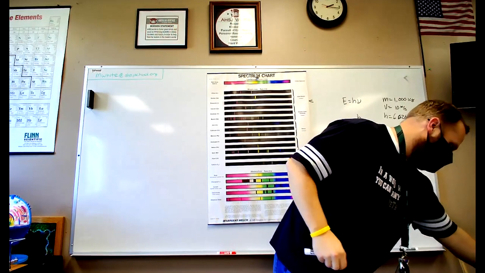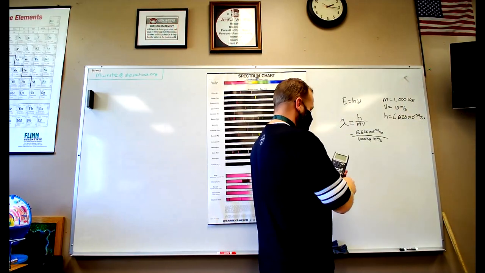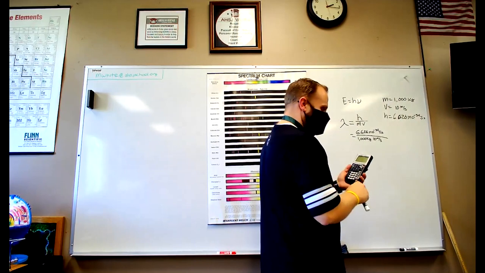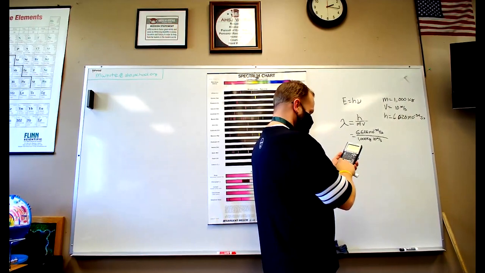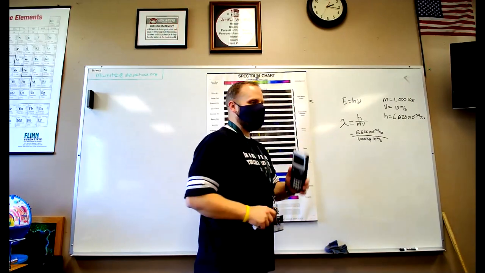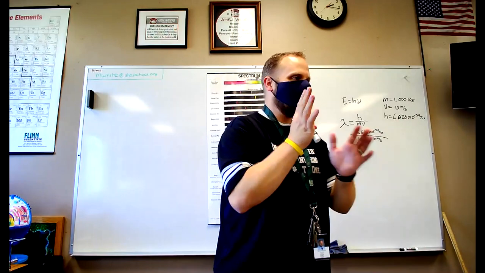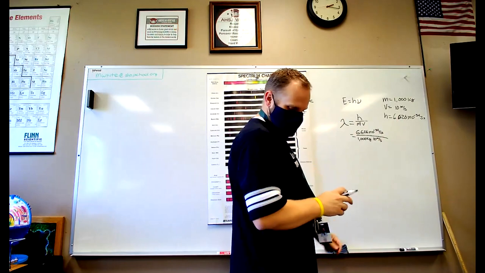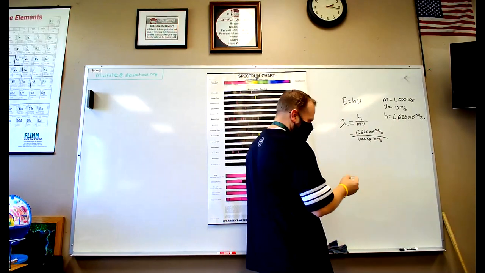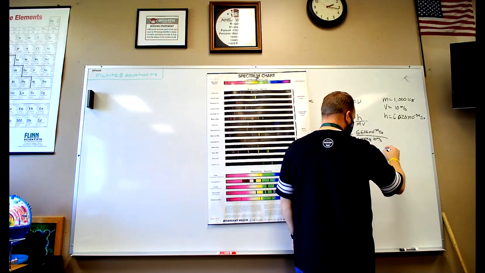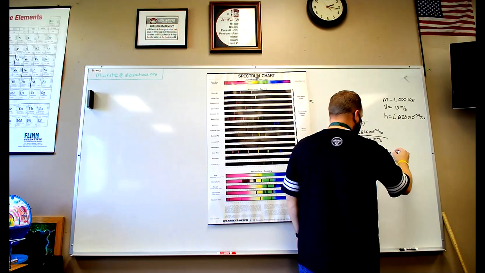So we put in our value for Planck's constant, and then we divide by 1,000 times 10. And the wavelength, so how much this particle is behaving like a wave, is, well, for this example, 6.626 times 10 to the minus 38 meters.